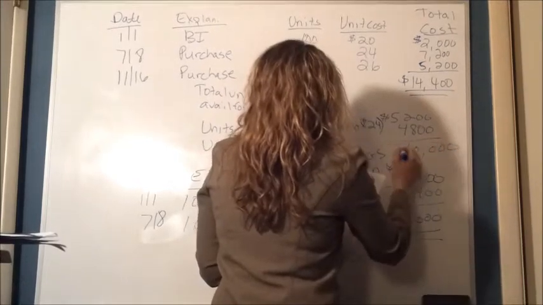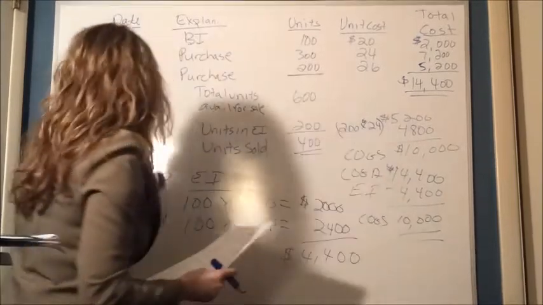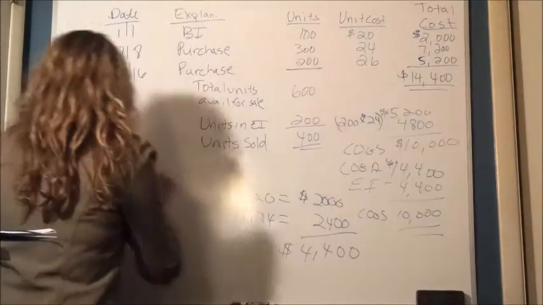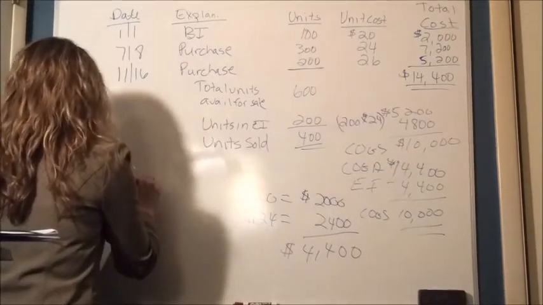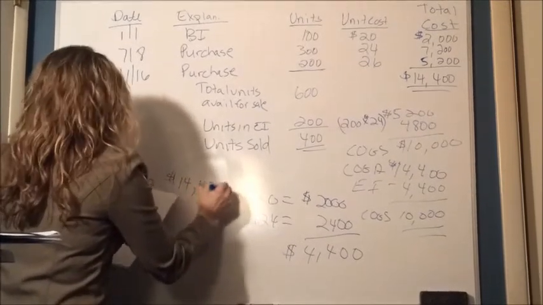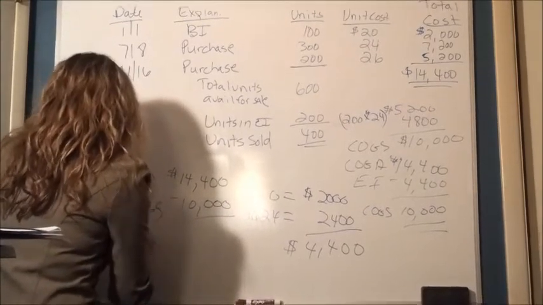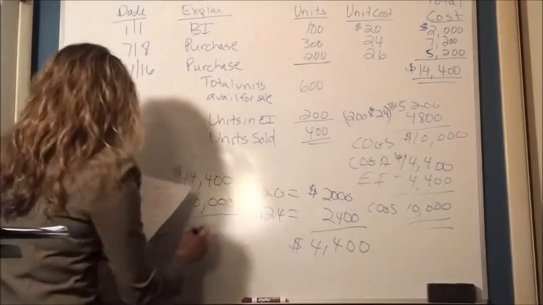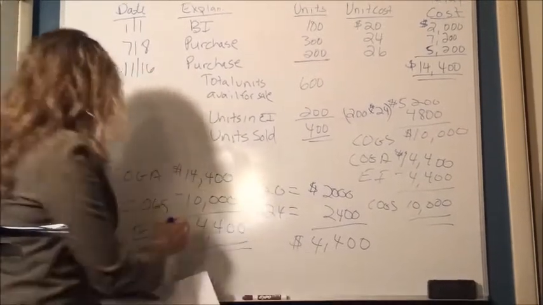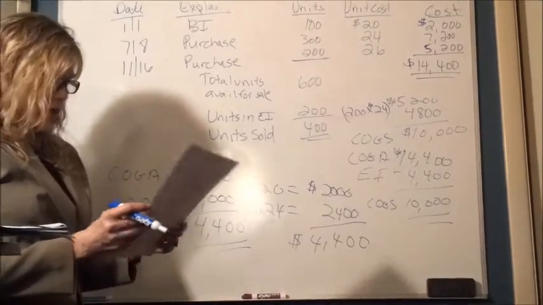So either way is acceptable. Again, if I chose to do it this way, to determine my ending inventory under LIFO, I would take my cost of goods available for sale, $14,400, and subtract out my cost of goods sold, which was $10,000, and that would give me ending inventory of $4,400. And again, use whichever way works best for you.